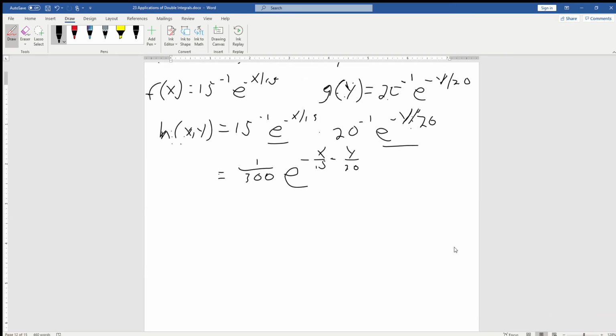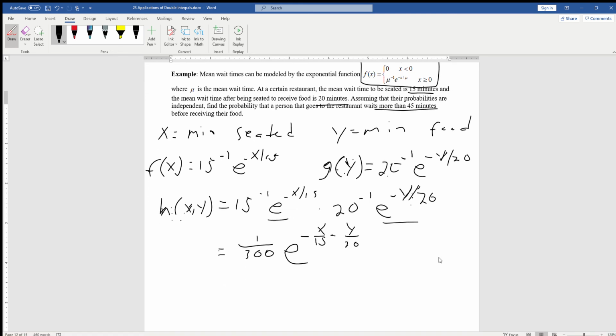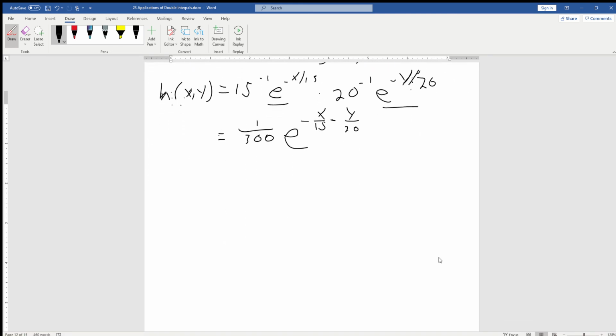Now what we'd like to do is find the bounds of this function. The problem asks us to find the probability that somebody waits more than 45 minutes. Generally with a density function, you can find the probability of less than a given value. So let's do that, and then we can try at the end to manipulate that a little bit.